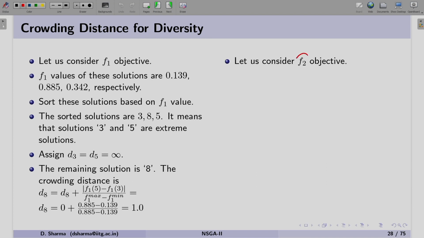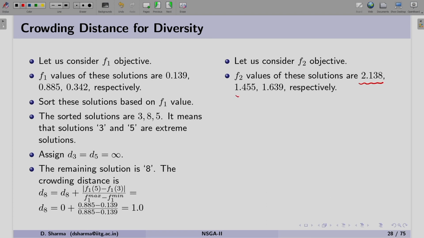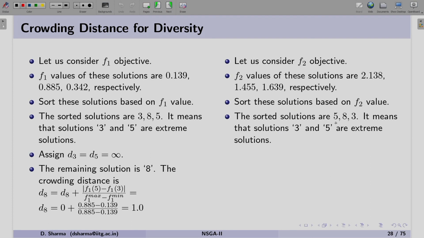Now, let us perform the calculation for the second objective as per the algorithm. Here, the F2 values of these solutions are given. The next step is to sort the solutions based on F2. While sorting, we get 5, 8 and 3 as the sorted solutions, and the extreme solutions are now 5 and 3.